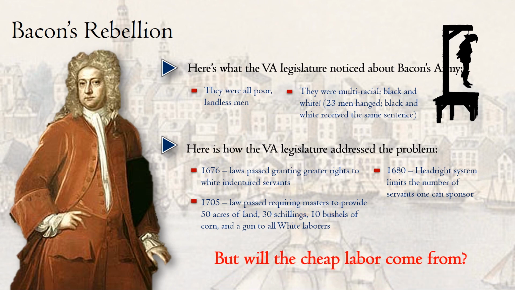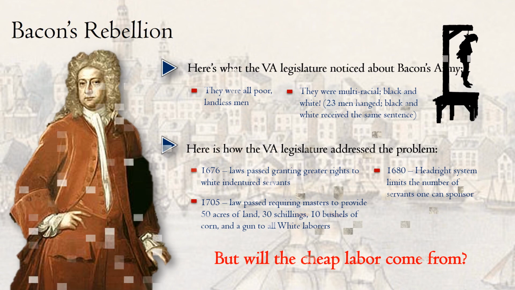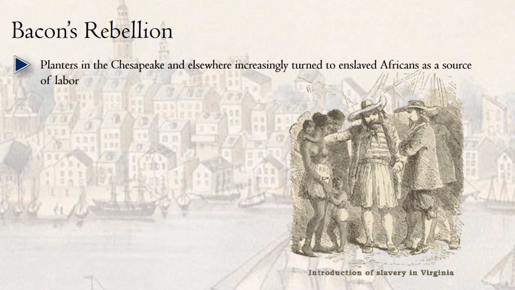So where is the cheap labor going to come from, you ask? Well, the planters in the Chesapeake and elsewhere, alarmed by the multiracial army that rebelled against the establishment under Nathaniel Bacon, are going to turn to enslaved Africans as a source for labor.